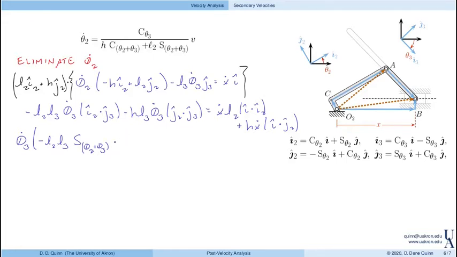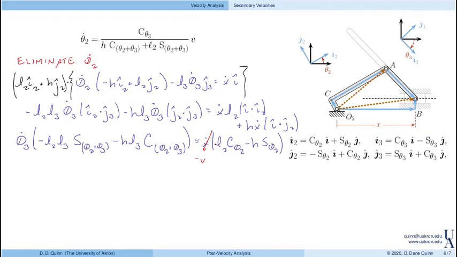So here, maybe if you want to pause the video and work this out on your own, J2 dot J3 is cosine of theta 2 plus theta 3. And this equals x dot times L2 cosine minus h sine. So with this, I can actually go and solve for theta 3 dot. Again, x dot here is minus v.